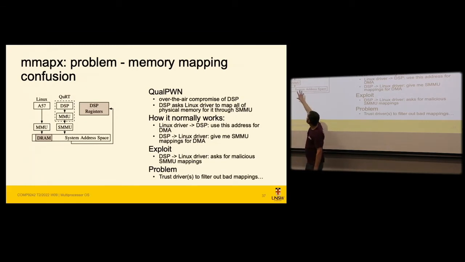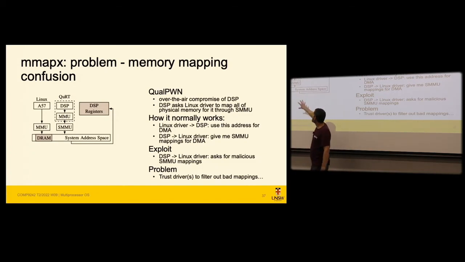But then you've also got this DSP that's running the wireless chipset, right? So it's running the Wi-Fi and the modem and so on. And it's actually its own processor. It's got its own MMU and access to memory. And its access to the system address space is protected by the system MMU. The system MMU does a similar thing as the MMU.